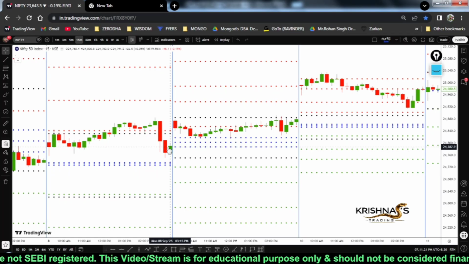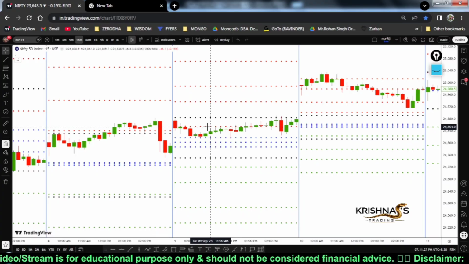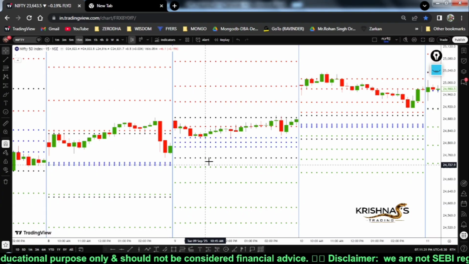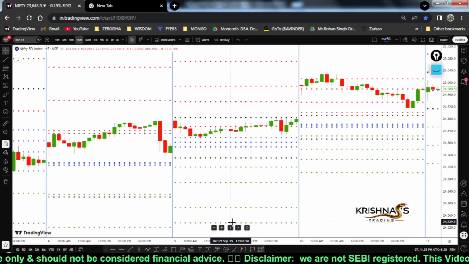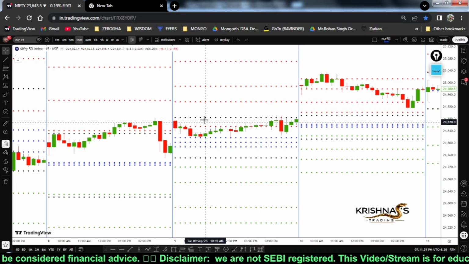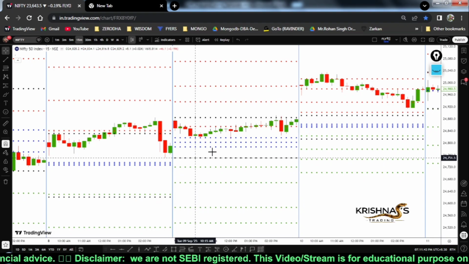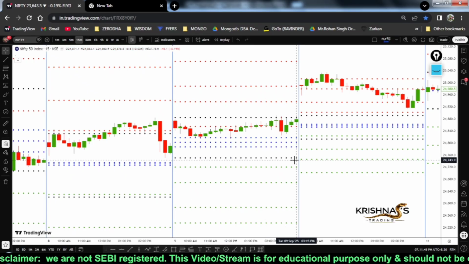The bottom line is BCP, the bottom central pivot line. This is resistance R1, R2, R3, R4. Support S1, S2, S3, S4. The black line above the CPR is the previous day high line. The black line below the CPR is the previous day low line.